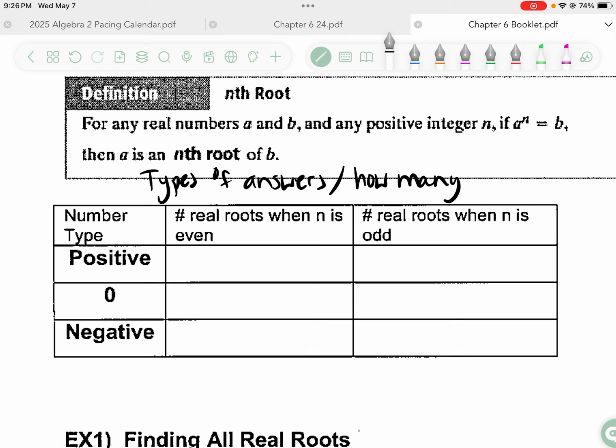So it says the first column, number type: positive, 0, and negative. The second column says number of real roots when n is even. So we're talking about when the index is even.